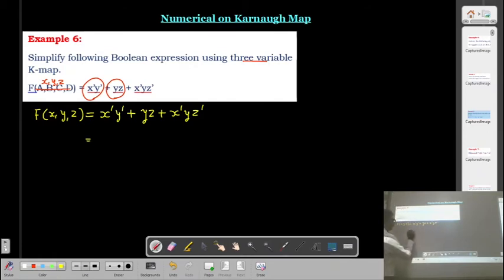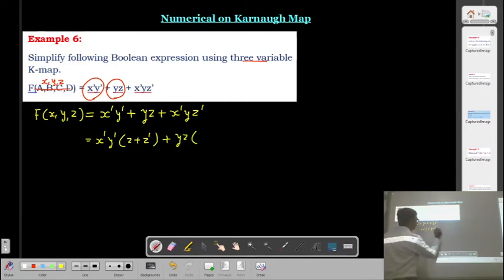In the first term, x and y are both there, but z is missing. So we write x dash y dash times z plus z dash, because z plus z dash is equal to 1. In the second term, yz, x is missing, so I will write x plus x dash. And the third term is x dash y z dash. So you have to expand the Boolean expression. Remember.